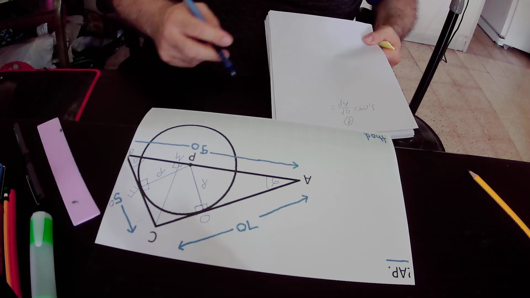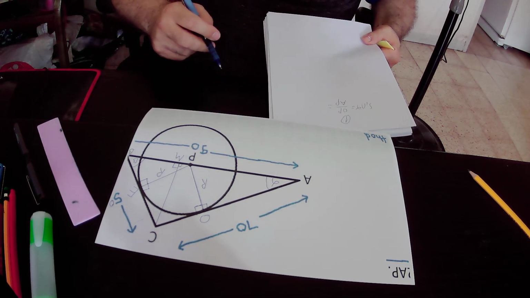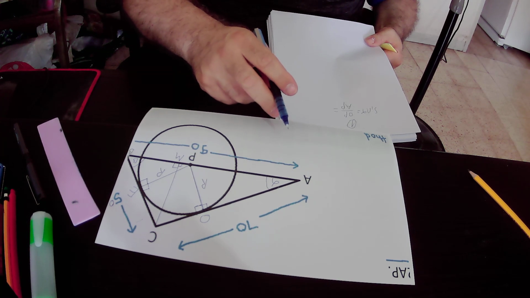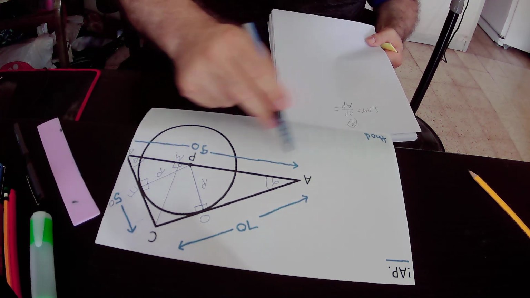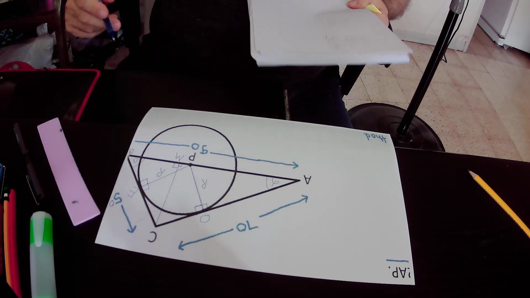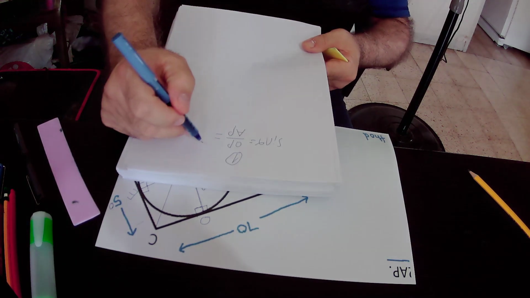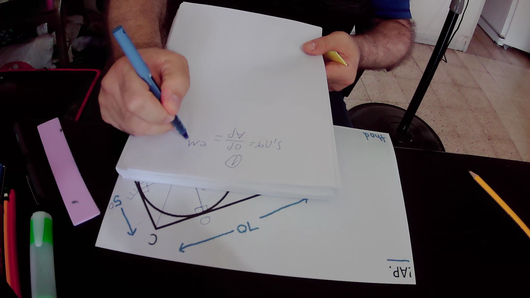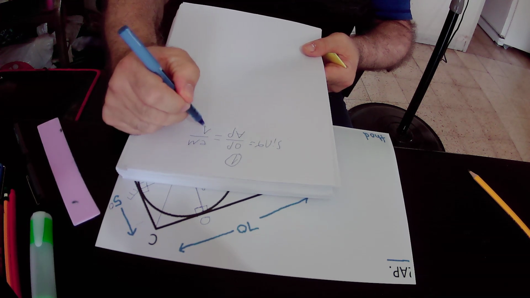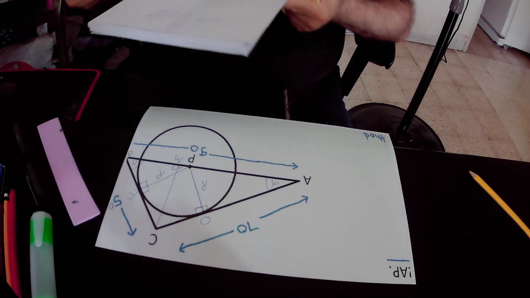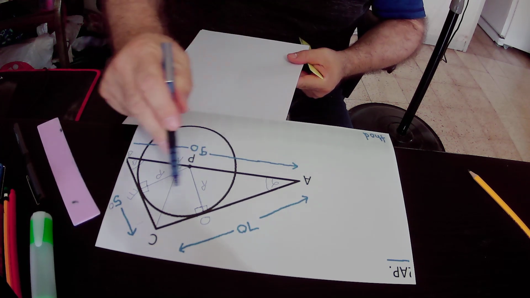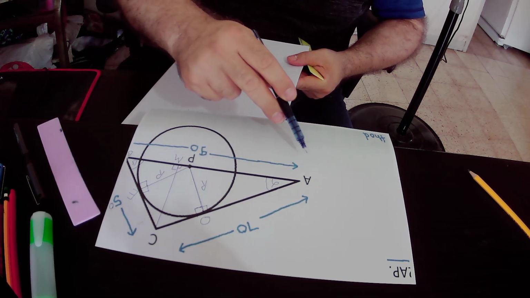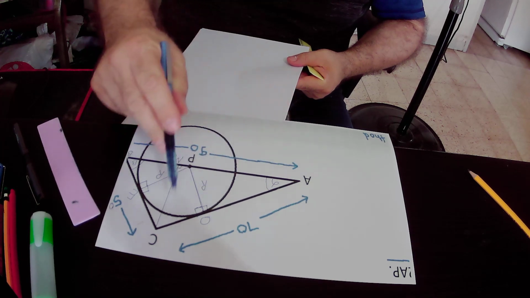So in triangle ACM, sinus alpha equals CM over AC, because AC is the hypotenuse of the right triangle ACM.